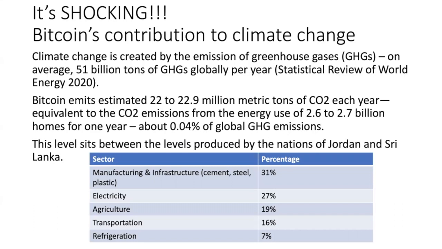Electricity and energy consumption is the second highest contributor, with 27% of greenhouse gas emissions coming from the electricity sector. And then that's followed by agriculture, transportation, and refrigeration.